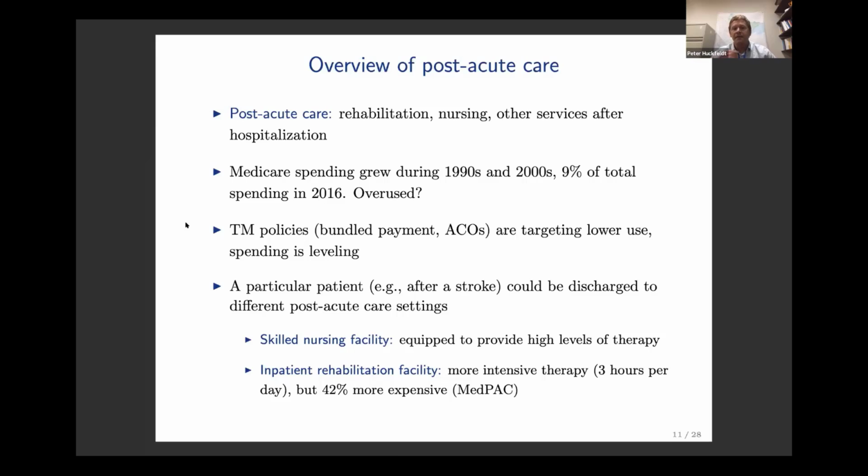But then there's another type of post-acute care facility called an inpatient rehabilitation facility, and these facilities provide more intensive therapy. They have to provide a minimum of 3 hours of therapy per day, but it's quite a bit more expensive. MedPAC, the Medicare Payment Advisory Commission, did an analysis and found that for many of the conditions they looked at, inpatient rehab care was more expensive than skilled nursing facility care.